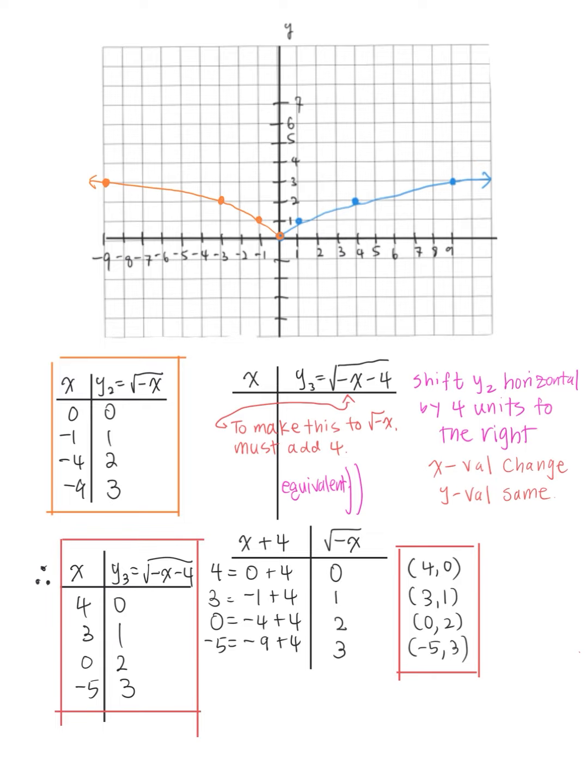So here we got, let me see, (4, 0), and then (3, 1), and then (0, 2), and then (-5, 3).